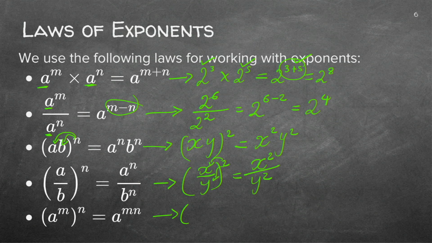If you have x to the power of 2 in a bracket and another power that says 3, you simply have x to the power of 2 times 3. Sorry, 2 times 3, not 60. So it's 2 times 3. That is why you have x to the power of 6.